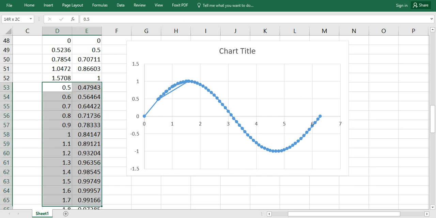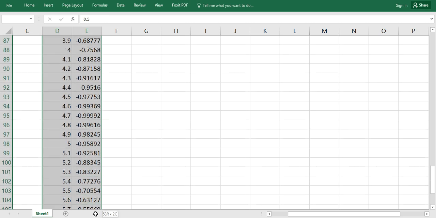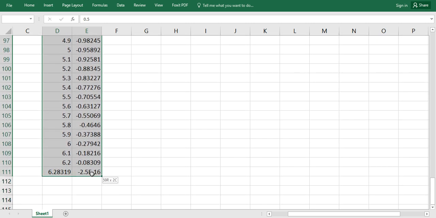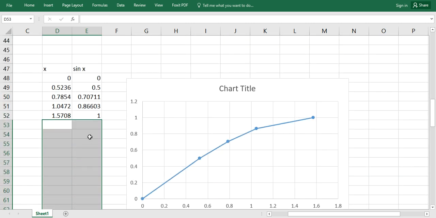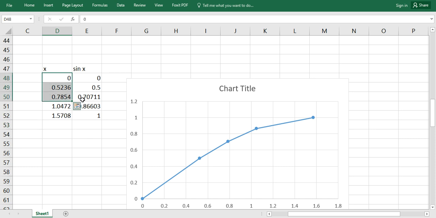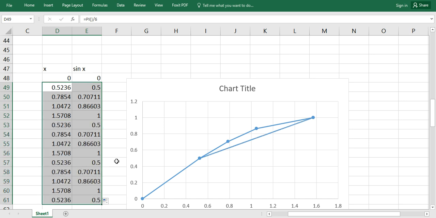Then I am removing this point so you can see. Now I am introducing pi by 2, then continuing in this fashion. You know the points for which you can plot.